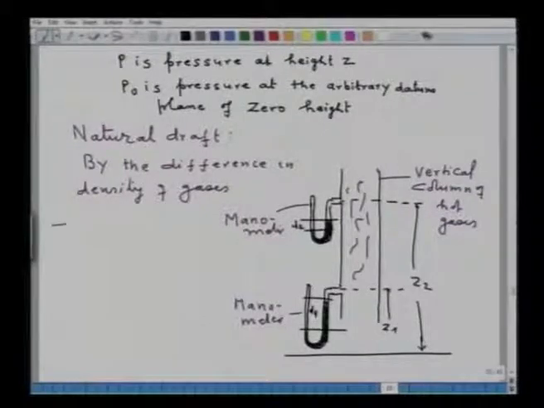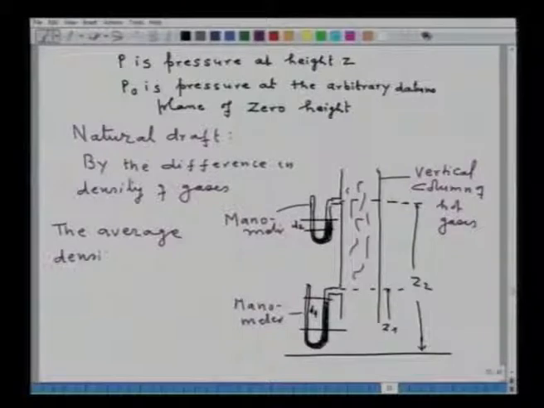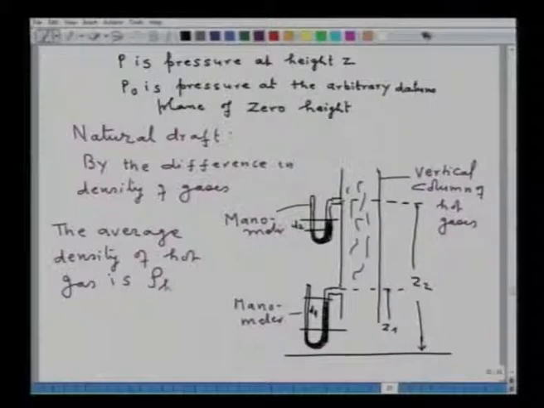The average density of hot gas, let us say, is rho h, and that of air is rho a.